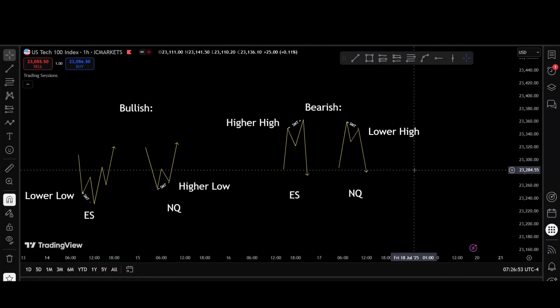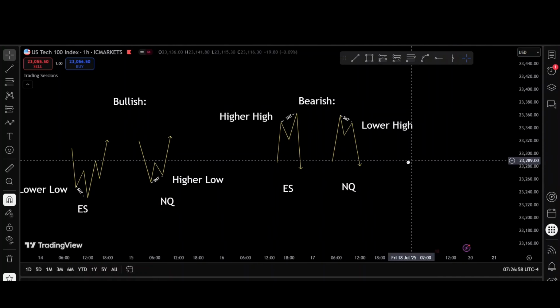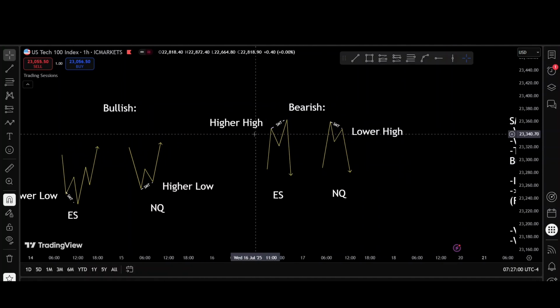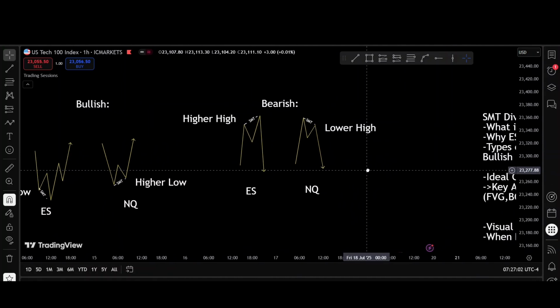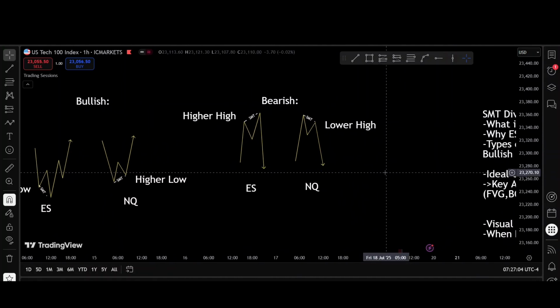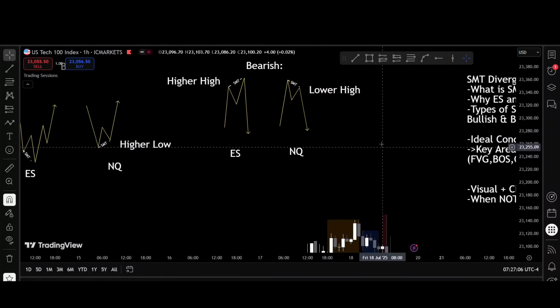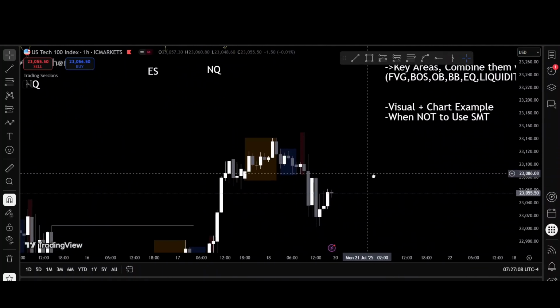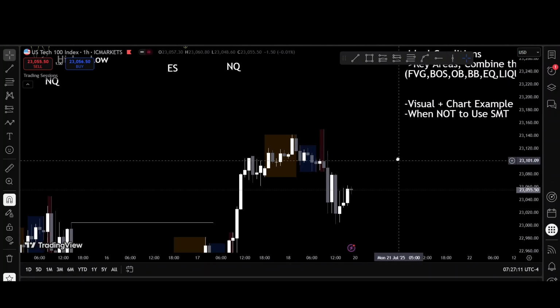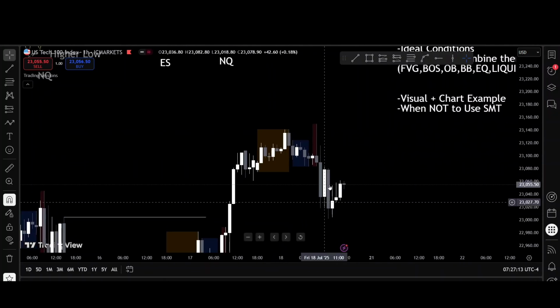Also, one really important thing is for it to be a valid SMT, you have to make sure the high has already been created. Now, I want to go through this again. What's a high? An up and a down candle. What's a low? A down and an up candle.